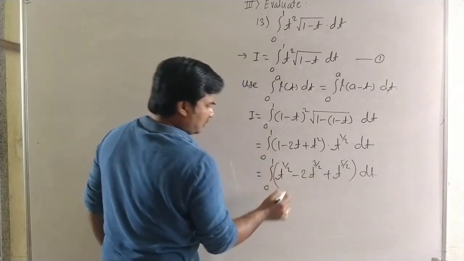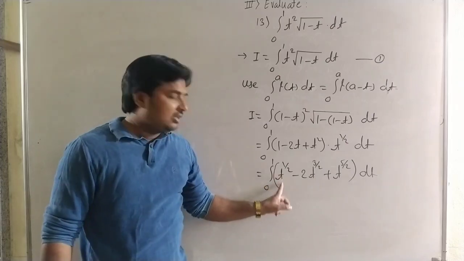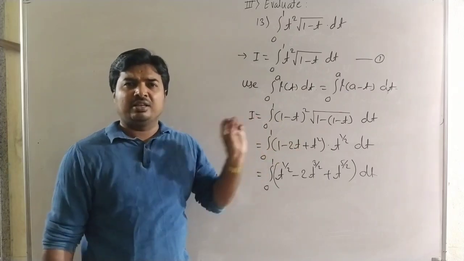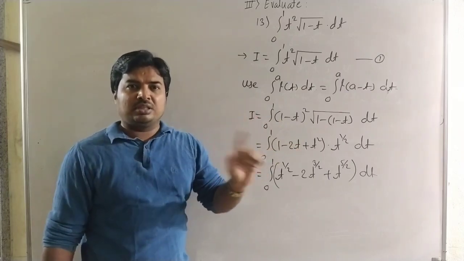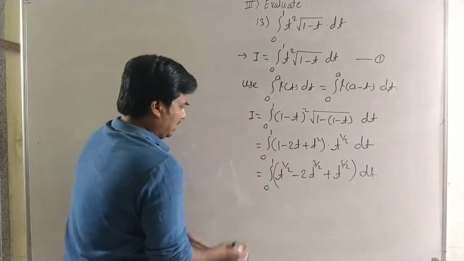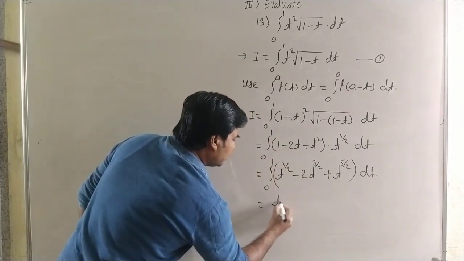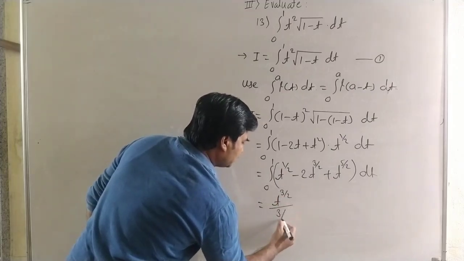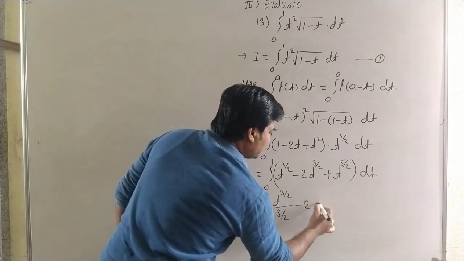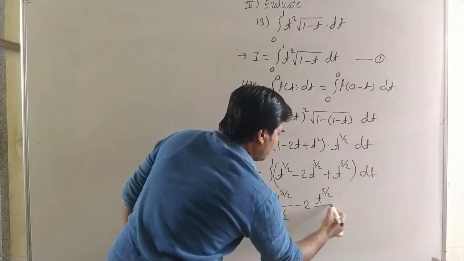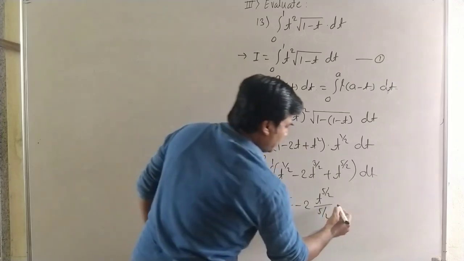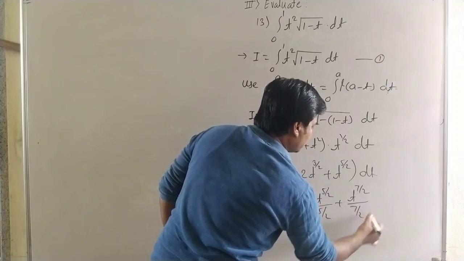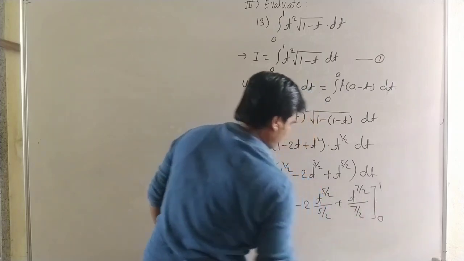And now to find the integral we use the formula for t to the power n. That is the standard integral, x to the power n with respect to x, that is x to the power n plus 1 upon n plus 1. Here the integral is t to the power 3 by 2 upon 3 by 2, minus 2 times t to the power 5 by 2 upon 5 by 2, plus t to the power 7 by 2 upon 7 by 2, with limits 0 to 1.